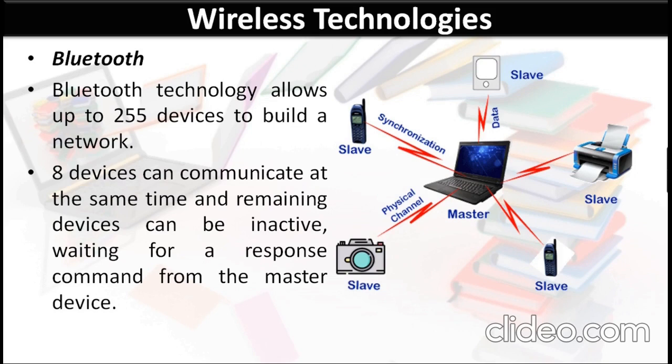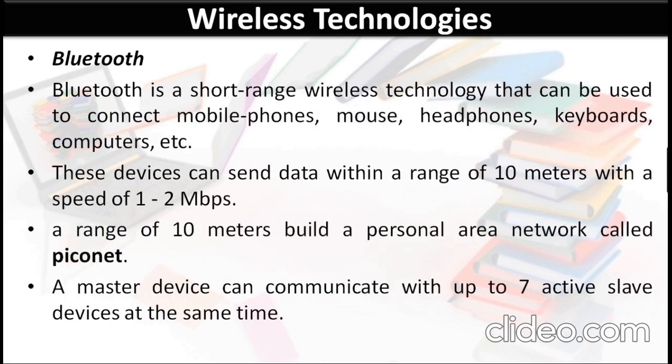Therefore we say that 8 devices can communicate at the same time. Why 8? Because one is the master device and 7 are active slaves.